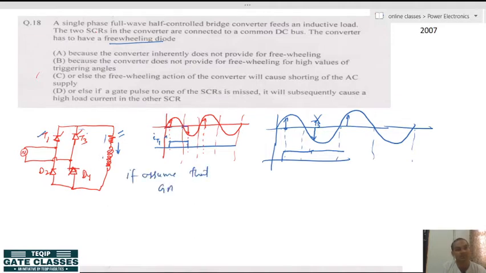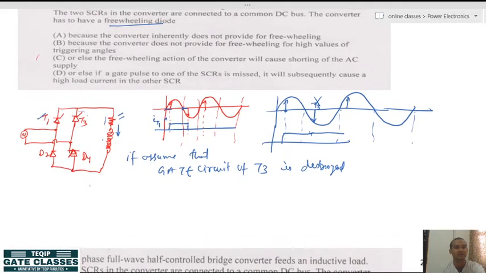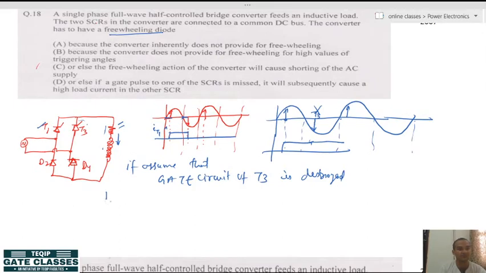This means that T3 will never be on. In this case, the modified circuit will be like this, where T3 is always off, so you can model it as an open circuit.